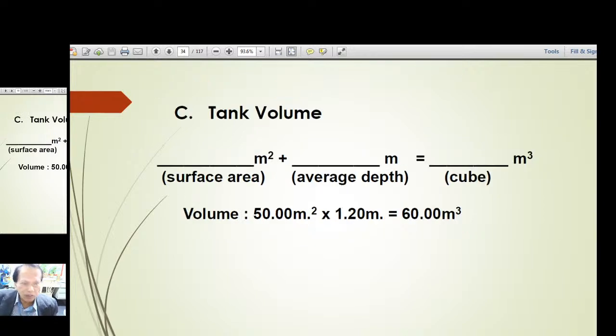Okay, so the tank volume is surface area in square meters times the average depth, equal to the volume in cubic meters. So 50 is the area in square meters, times 1.2 meters average depth. So your volume is 60 cubic meters.